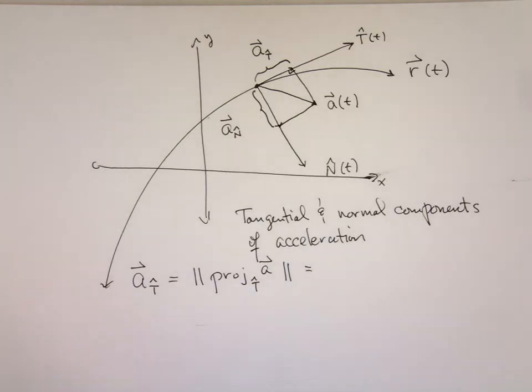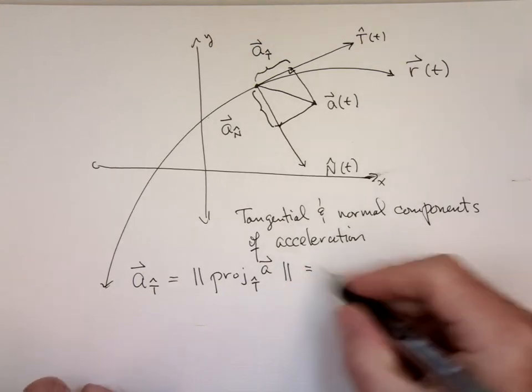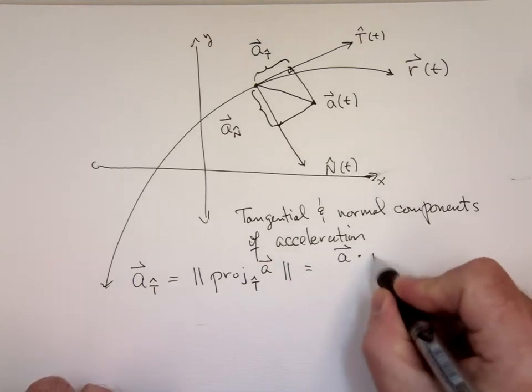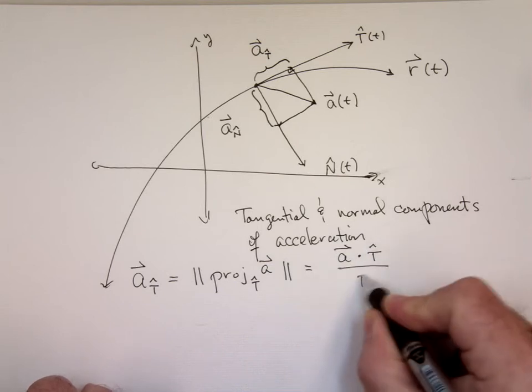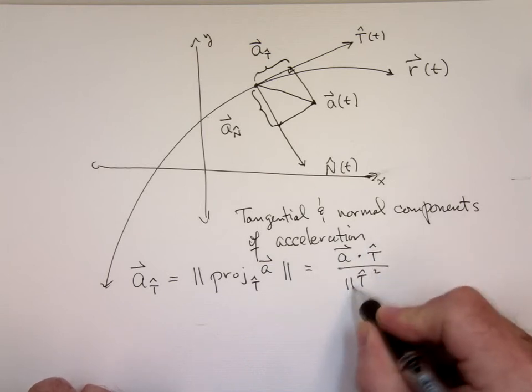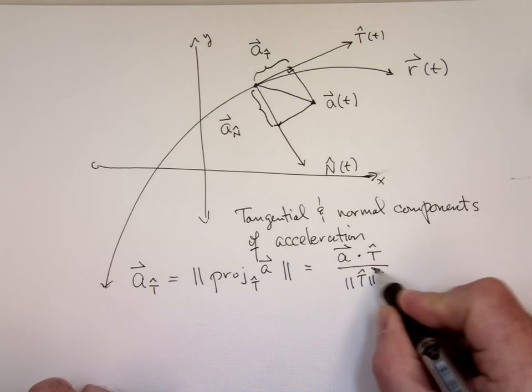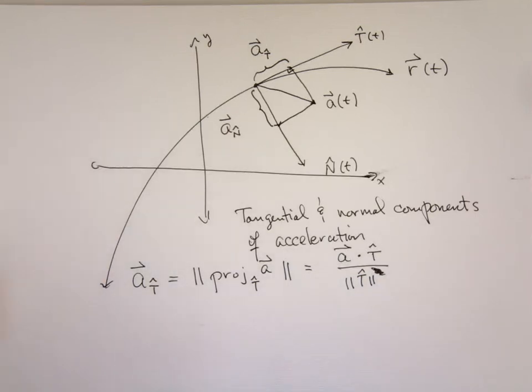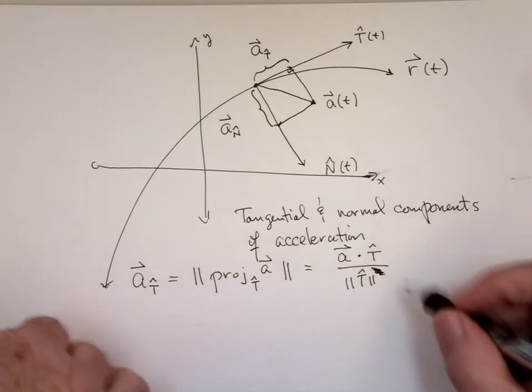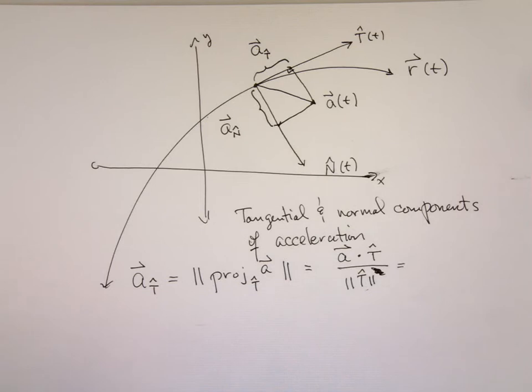Okay, so it's the dot product over the magnitude of T. What's the magnitude of a unit tangent vector? 1.